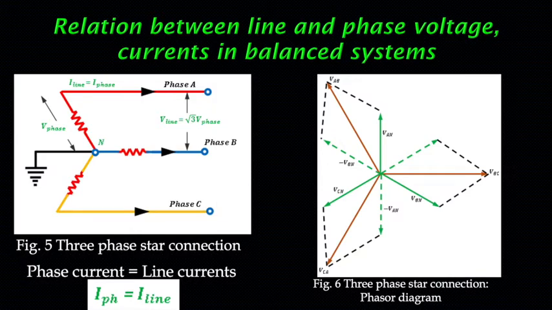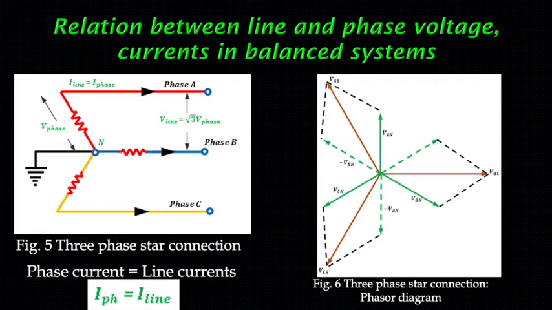So we can write VAN equal to VBN equal to VCN equal to the phase voltage, V phase.